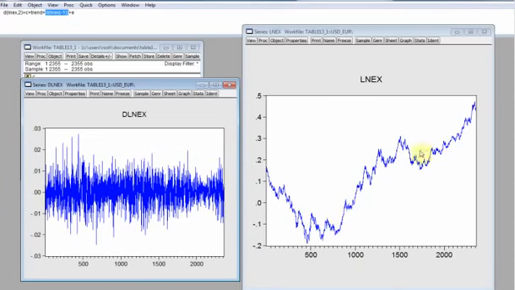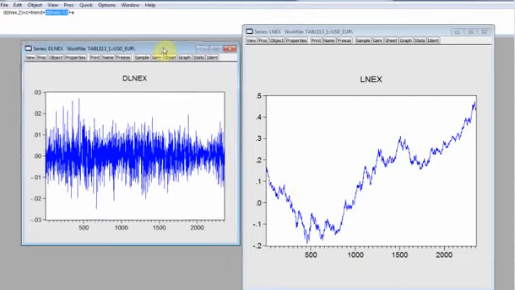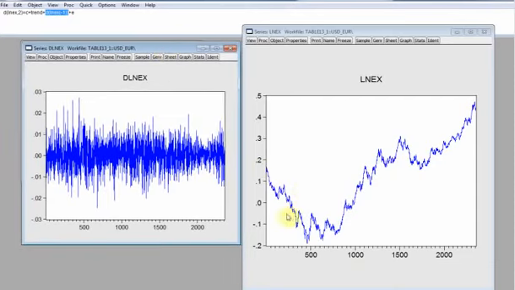The characteristic, as you can see here, is that the level series has a trend and at the same time a non-zero mean. So the mean could be somewhere here, or a little bit lower than that. Now this is the demonstration of how to apply unit root tests, namely the Augmented Dickey Fuller test.